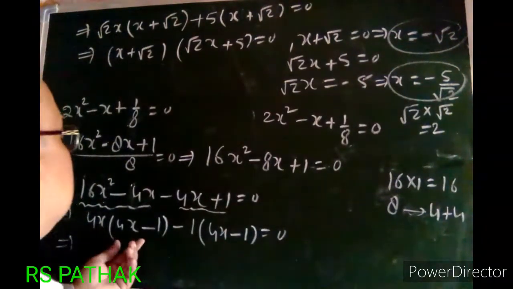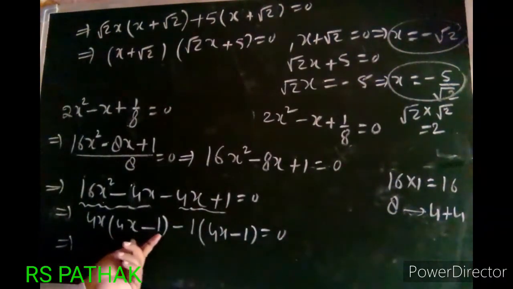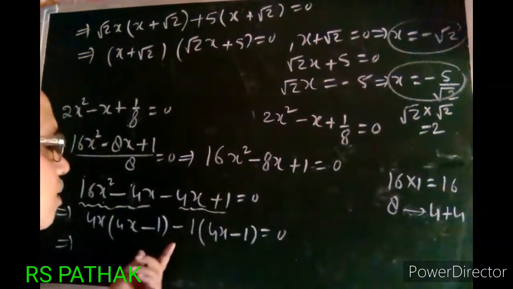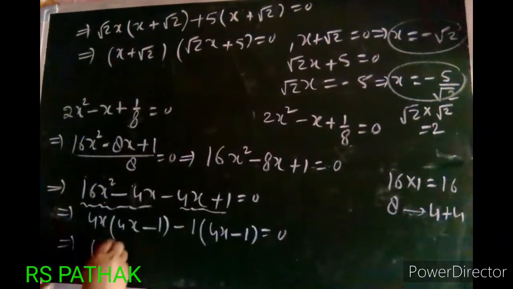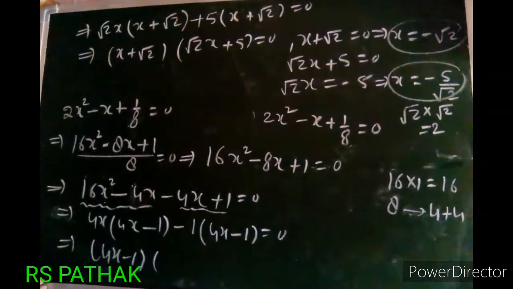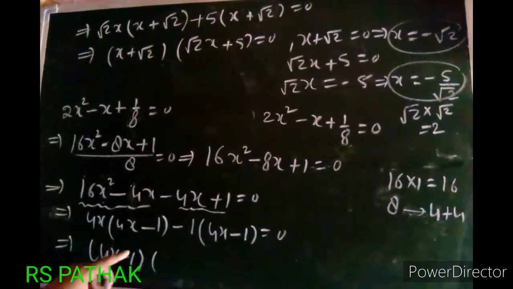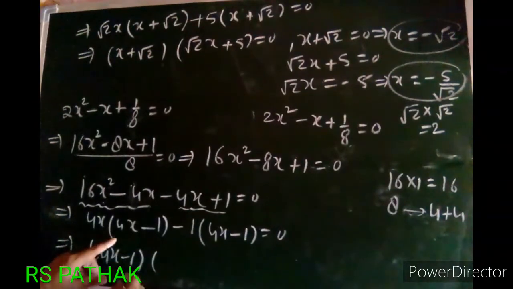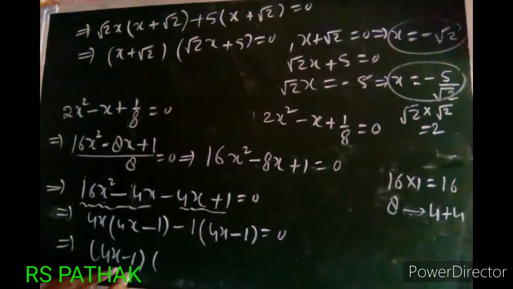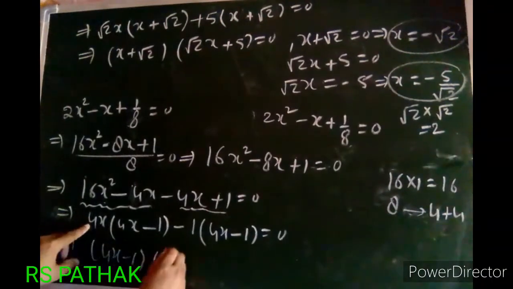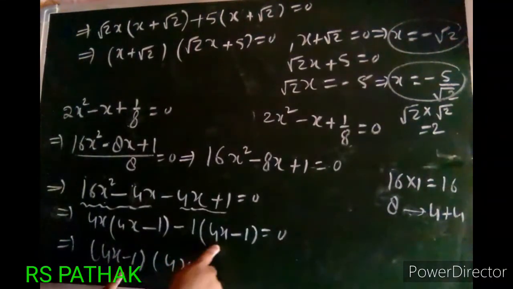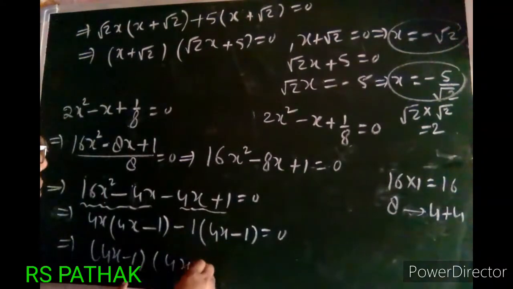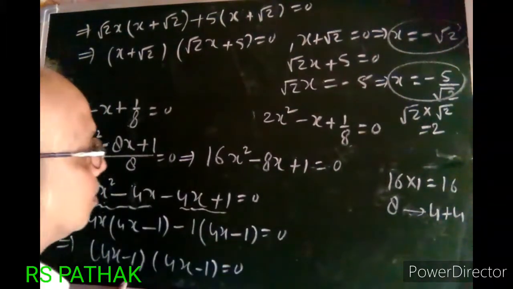Now, the whole bracket 4x minus 1 is common. I am taking the common as whole bracket 4x minus 1. The remaining, divide by 4x minus 1, 4x will remain same. And this 4x minus 1 will divide 4x minus 1, minus 1 will remain same, equals 0.